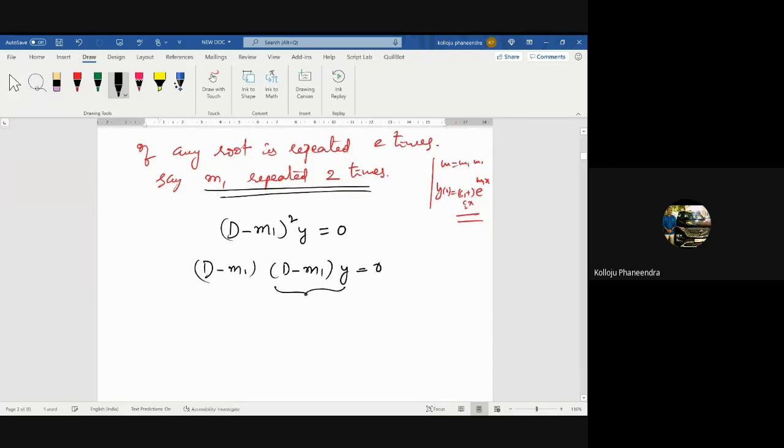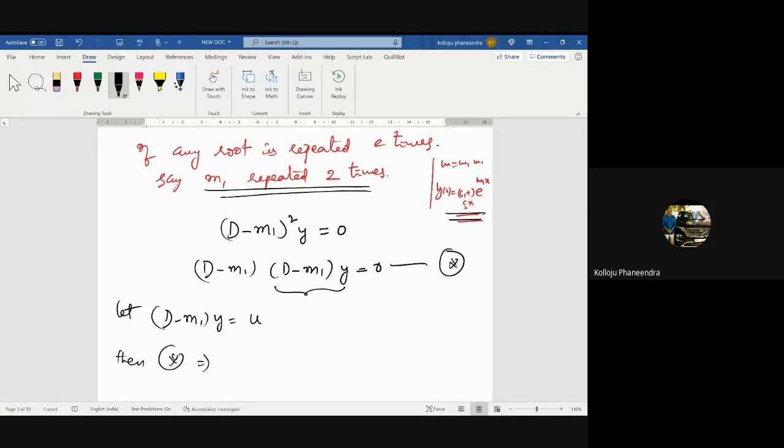Then assume the first one, D minus m1 into y, equal to something u. Let us take this as star. This is the only idea why I am considering a solution of this structure, and for that I am giving the explanation.